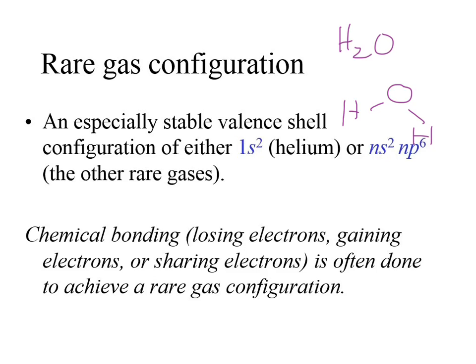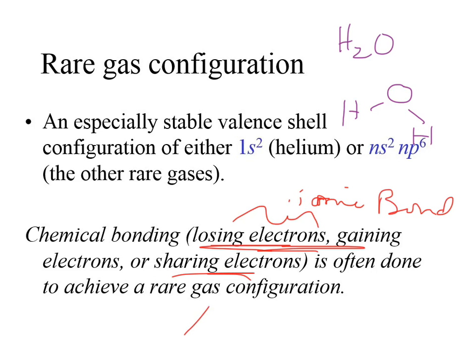And specifically, when atoms bond together to make a chemical bond, like with that water molecule, they are either going to lose electrons, gain electrons, and create an ionic bond, or electrons are going to be shared and are going to create a different type of chemical bond called a covalent bond. Okay?